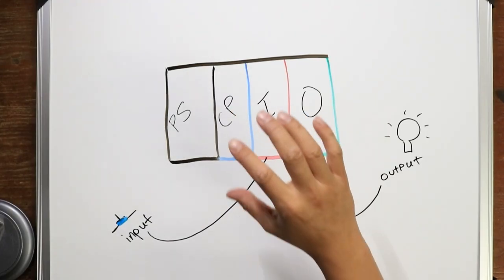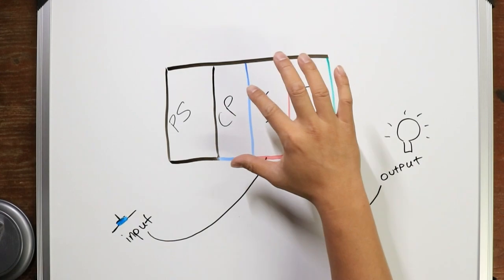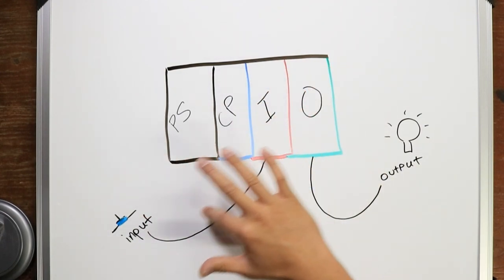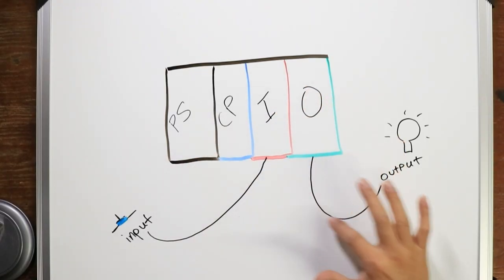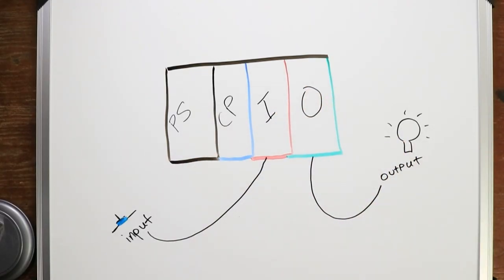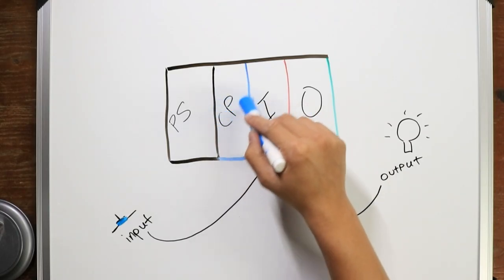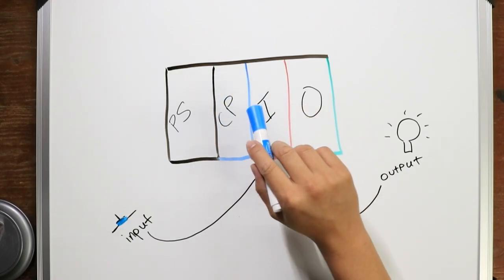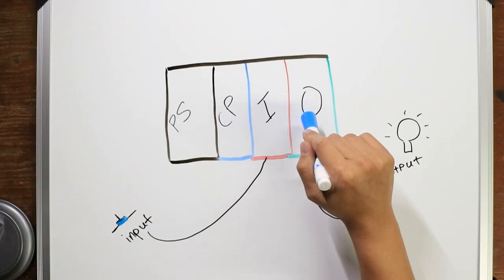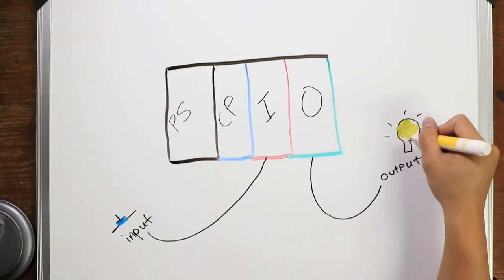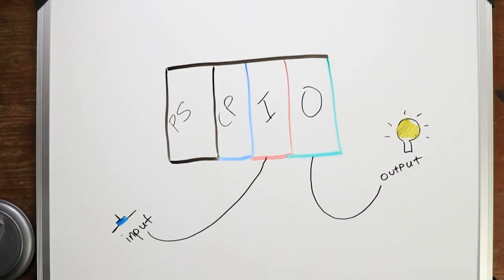And as the user, when you program this PLC, you're telling this PLC that, hey, when I get an on signal from that push button, I want you to turn on this light. Okay? So you get the input, the push button turns on, the processor processes that information and then sends a signal to the output to tell it to turn on this light. And now the light turns on.